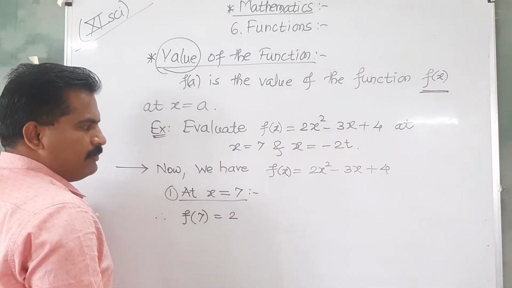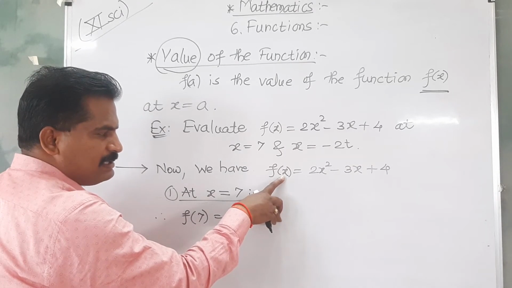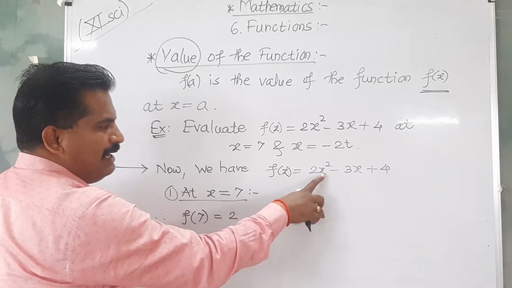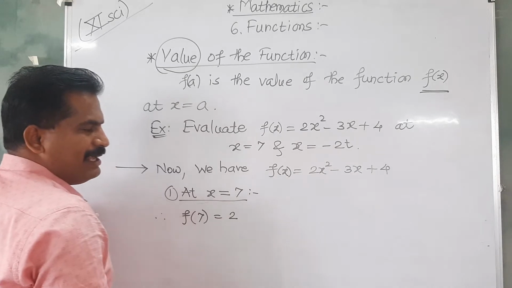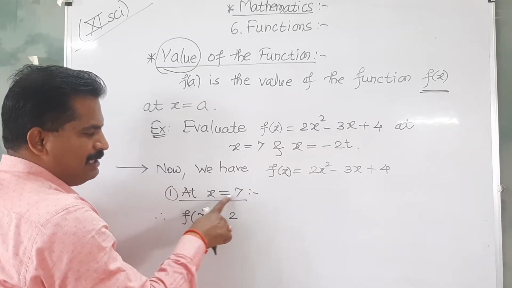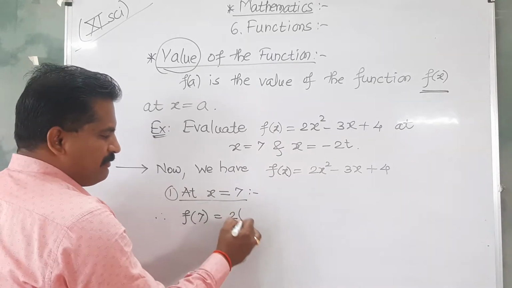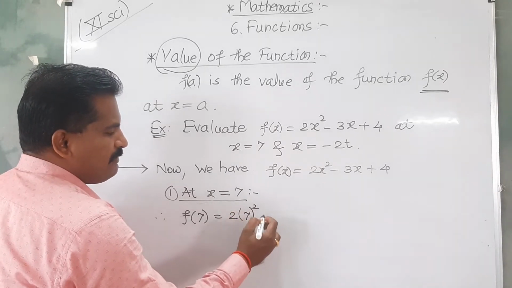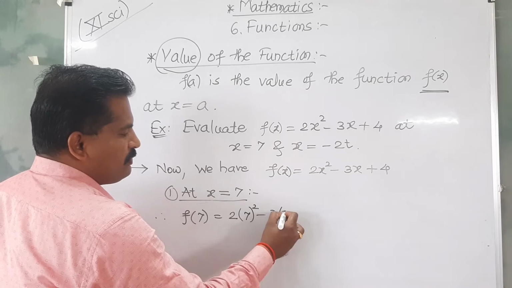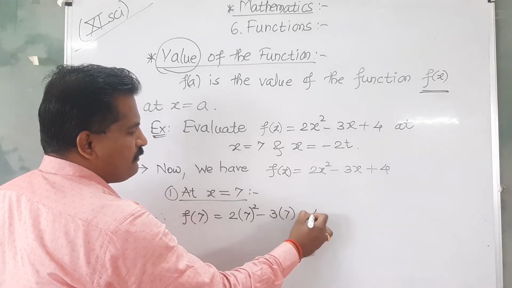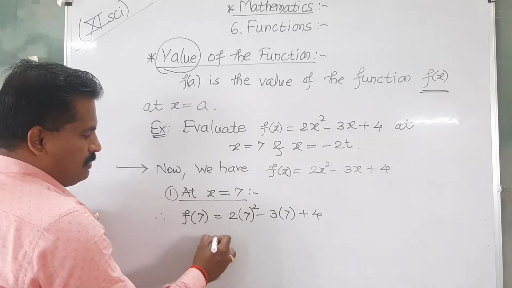If we have to find the value of the function at a, then x is replaced by a, and here a is equal to 7. Therefore, replace x by 7: 2 into 7 square minus 3 into 7 plus 4.